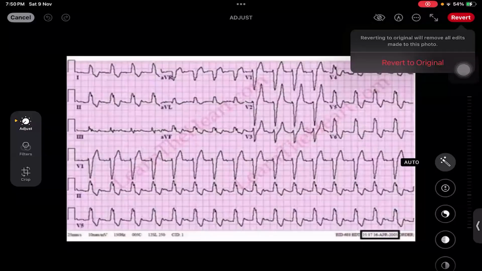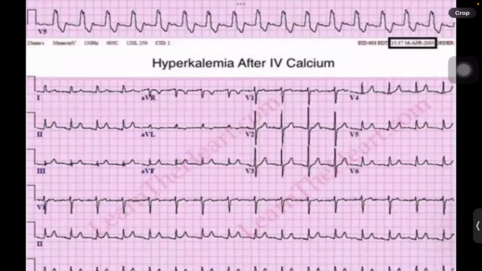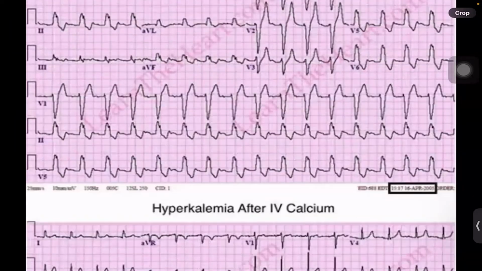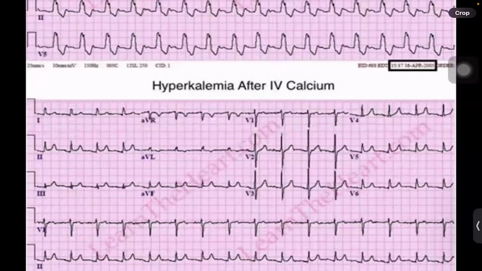Let me see if I have it. Okay, so this is after calcium. Can you see how fast it happened? So this is hyperkalemia before calcium. This is hyperkalemia after calcium.